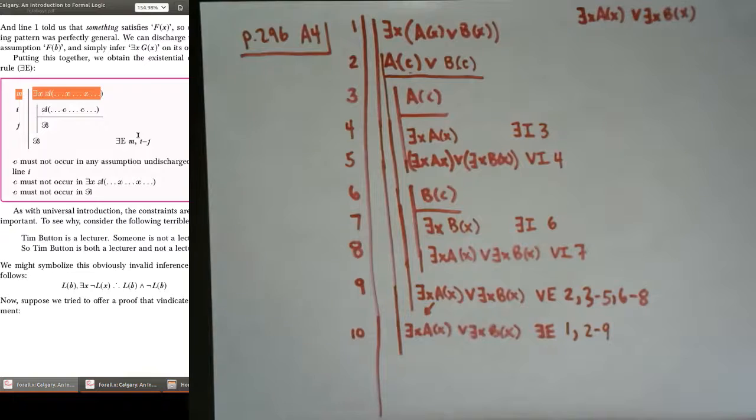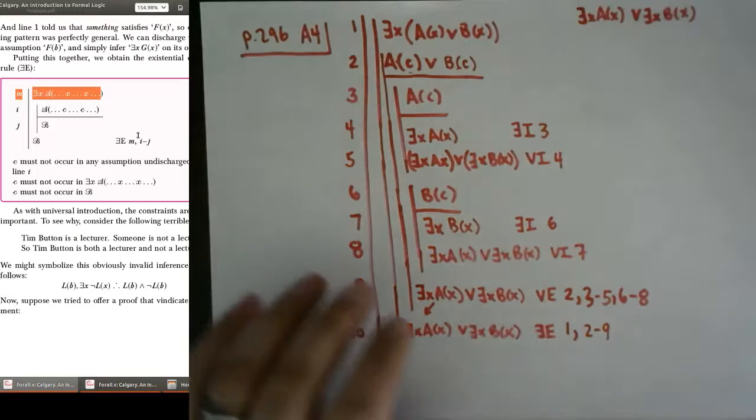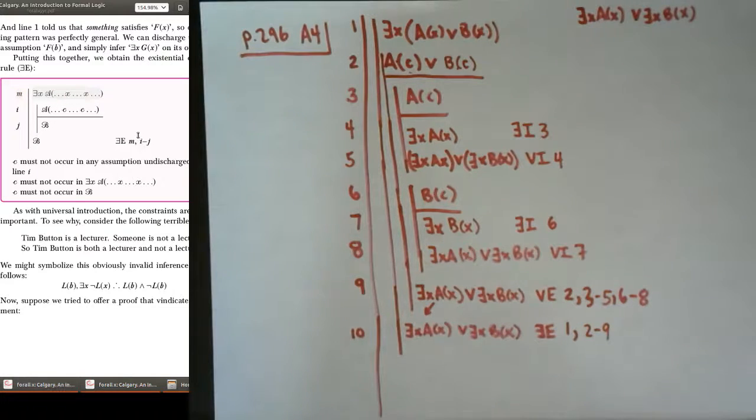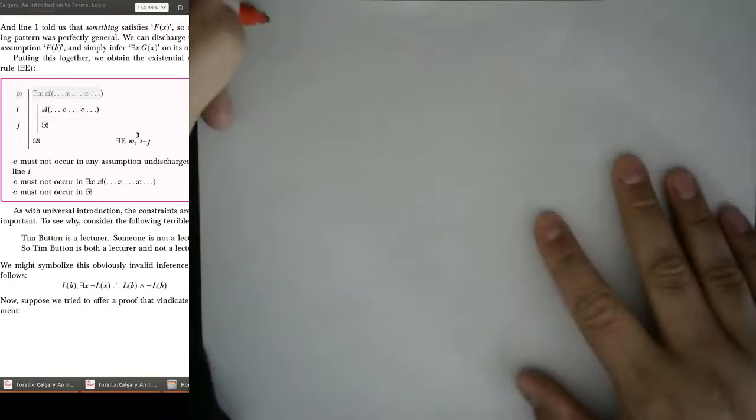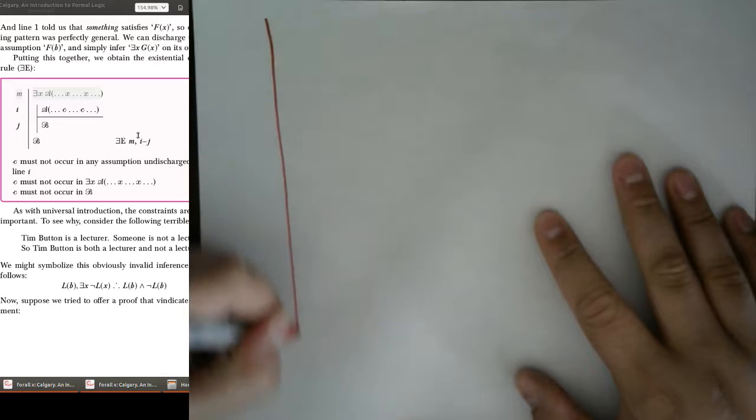So now we want to go ahead and do the other half. So I'm going to do that on a separate sheet of paper, that way I have room, so I'll have this here to refer to if I need. So let's continue the proof. We have our proof bar.